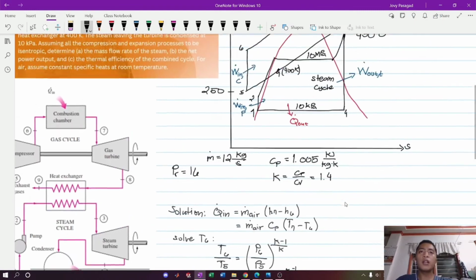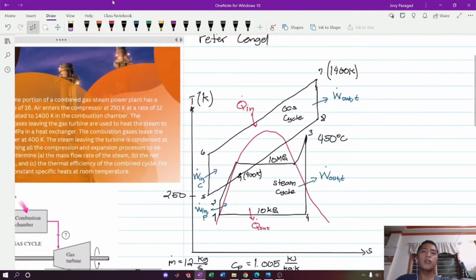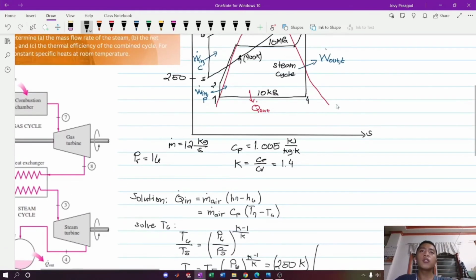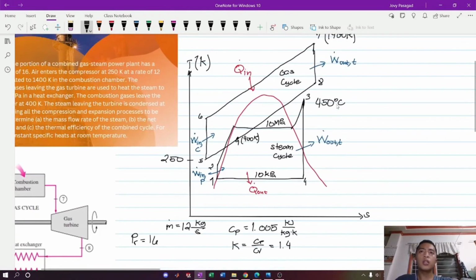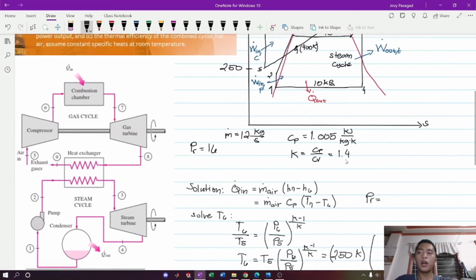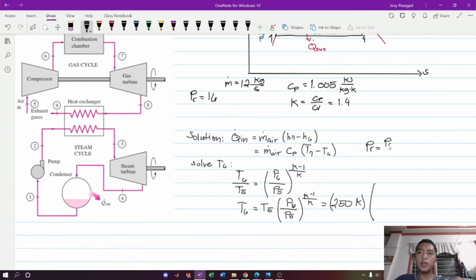So solving for T6, T6 is equal to T5 times P6 over P5 to the power of K minus 1 over K. Substituting values, T5 is 250 Kelvin. Naa tay pressure ratio nga 16, meaning imuhang pressure ratio P6 over P5 is equal to 16.